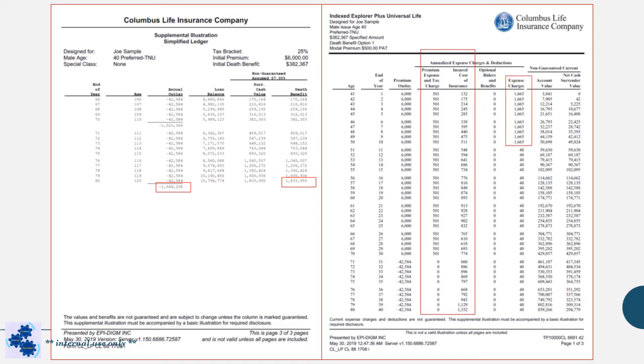And the next thing you'll see is the expense charge for 10 years, 1,665. This is the biggest charge, but it is only for the first 10 years. Sometimes people complain, why would they want to charge that? Here's my answer.